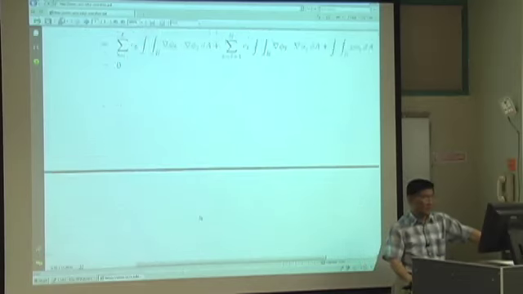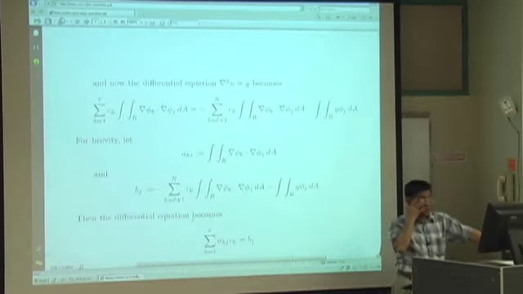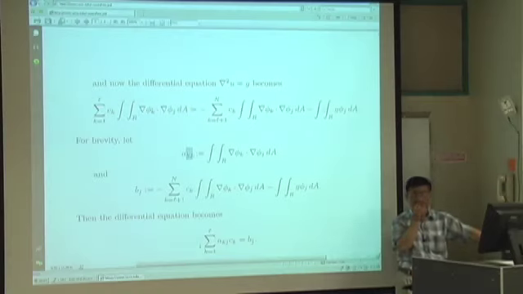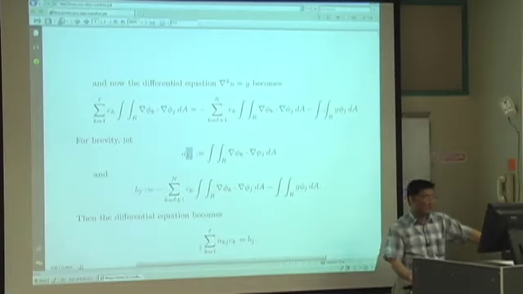And then we continue. Then we have this thing, and then we move all the terms to the right-hand side to get this one. And then, for simplicity, we do not use this double integral all the way through. We just call this kind of thing AKJ. So we have K here, J here, right? AKJ. Then the left-hand side, and then we call this thing BJ.